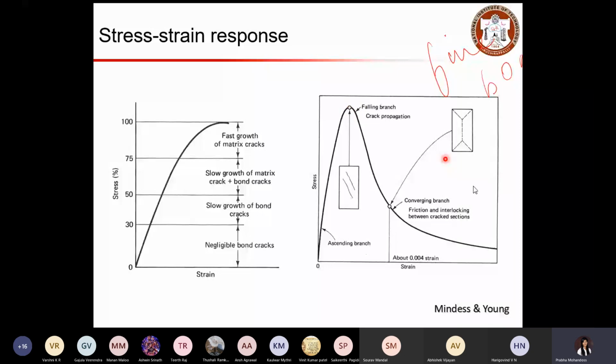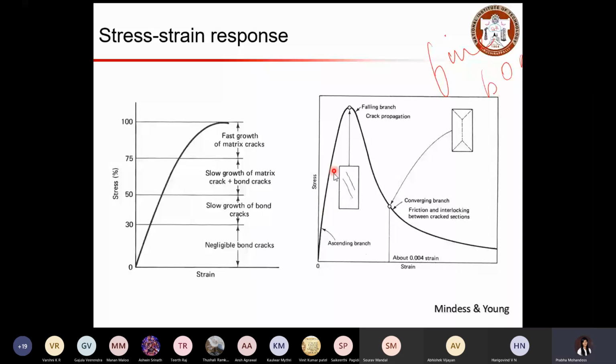So the post-peak region is important to determine the failure of your material or to characterize the toughness of your material. I will explain what toughness is in the coming slide. The pre-peak behavior is important to determine your elastic modulus value, and in case you want to know the Poisson's ratio, you can get those things.